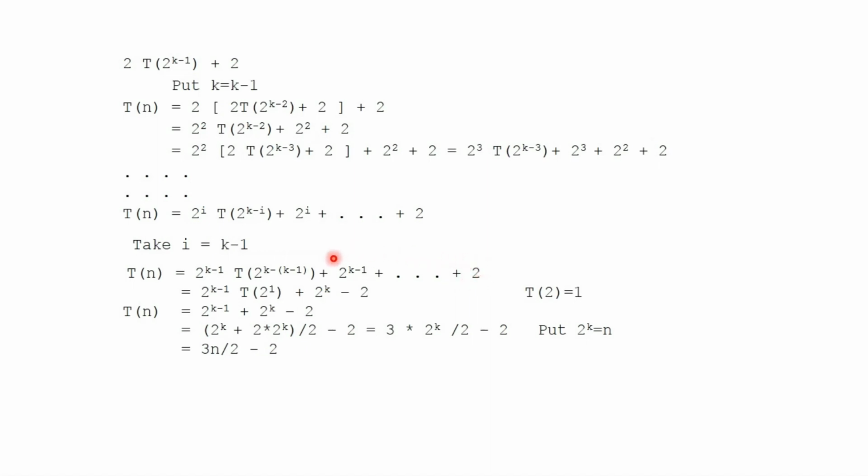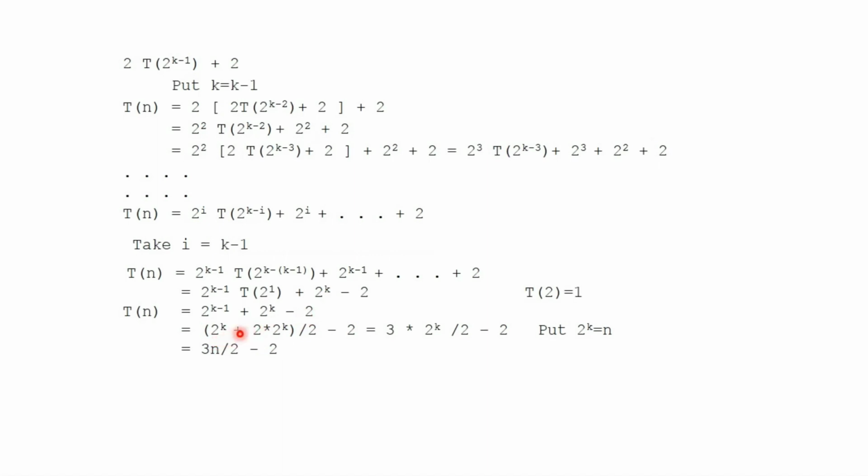Now we have solved this value. So this uses some of the mathematical formulas: 2 squared, 2 cubed, etc., until 2 to the power of n. What is the formula? Since we have one value less in the formula we included, we deduct this value, minus 2. So 2 to the power of k minus 1 plus 2 to the power of k minus 2.